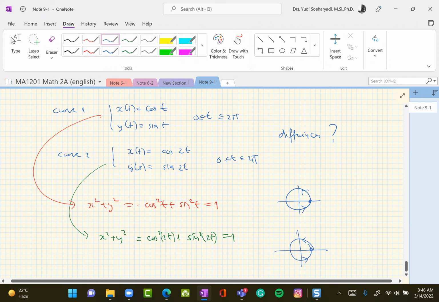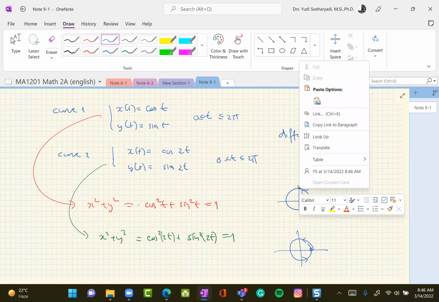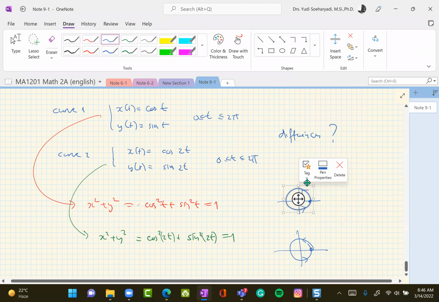Okay, so t equals pi over 2 gets to here. T equals pi gets to this one. Okay, gets to this one here. So moving there one time. Okay.